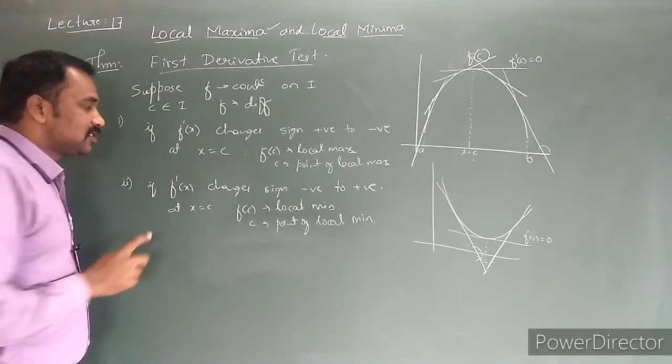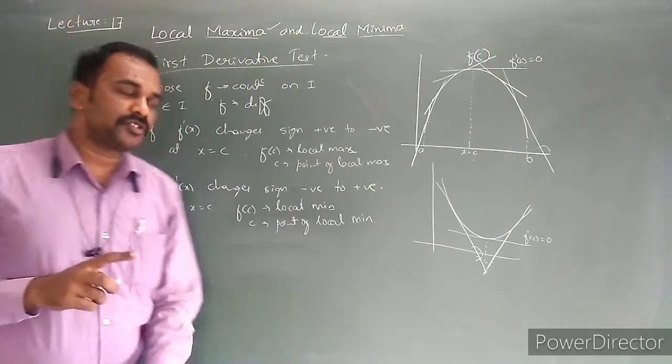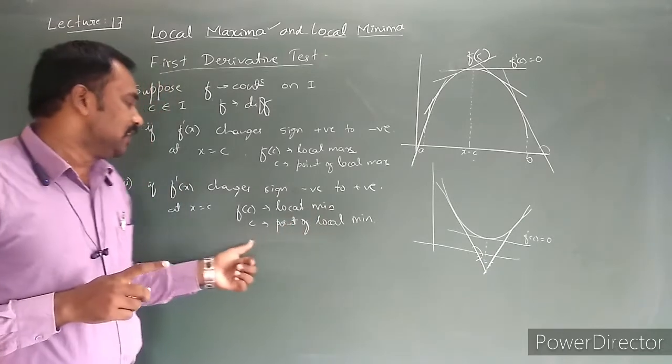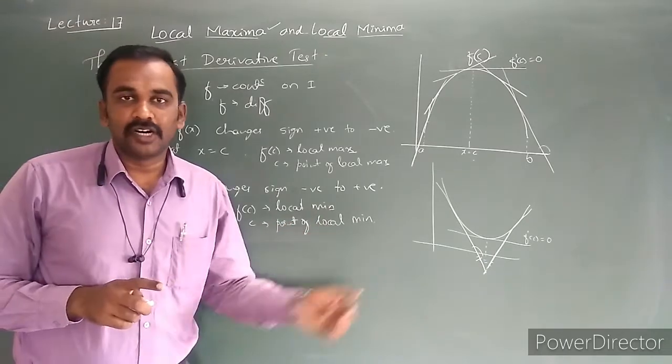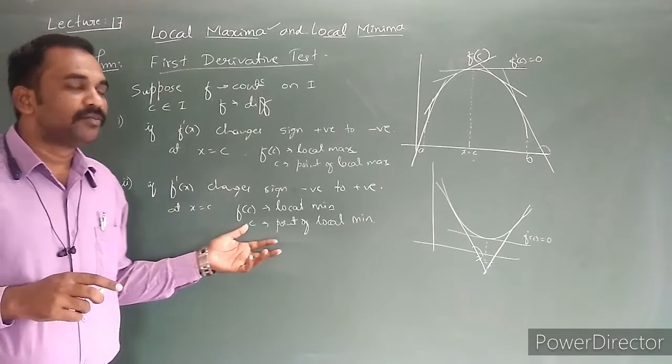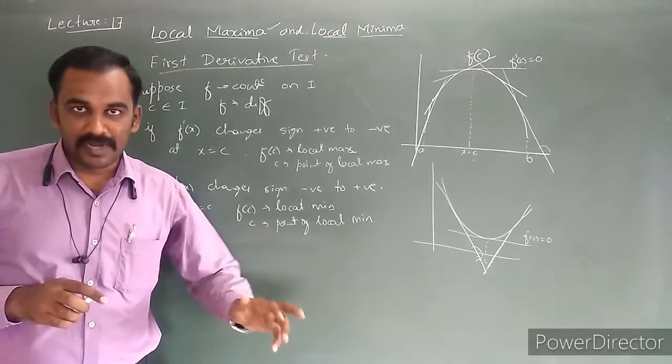If f dash of x changes the sign from negative to positive, then f of C is a local minimum value and C is said to be a point of local minimum.